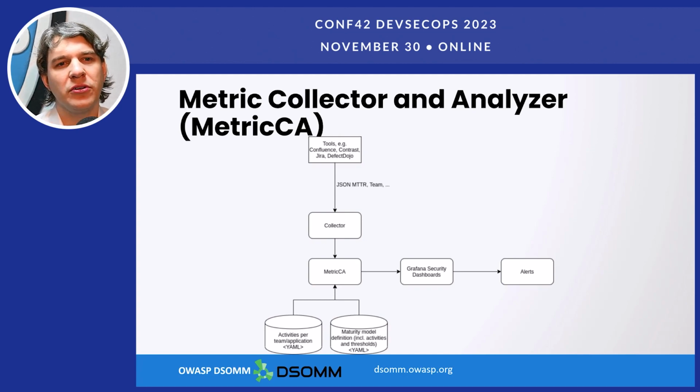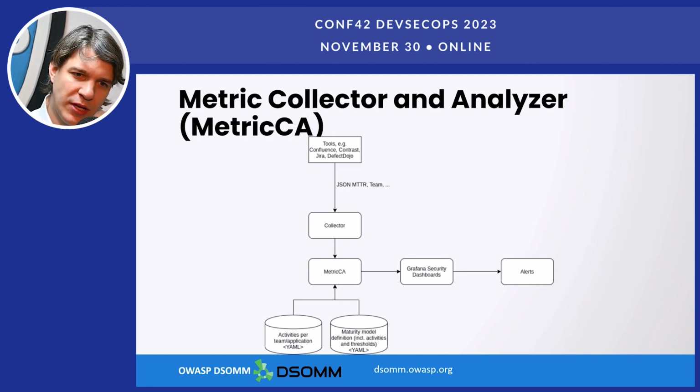There, the collector comes into place. The collector automatically collects from various different sources like Confluence in case you document your threat modeling in Confluence. And then you maybe have a label on that page called threat modeling. And on the top you have information, when did it happen, and who were the participants, and very important, the application ID.